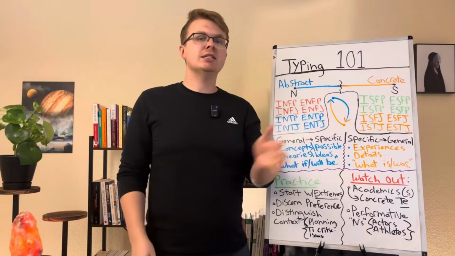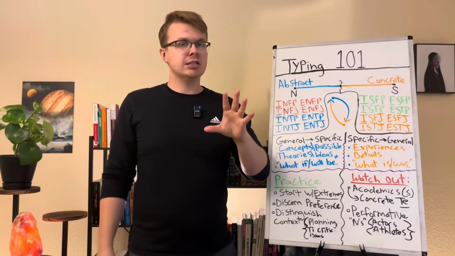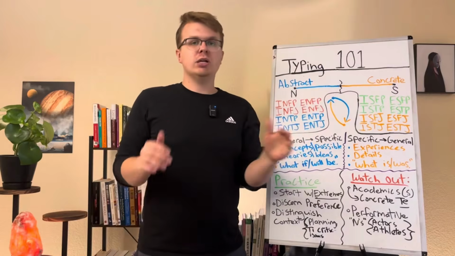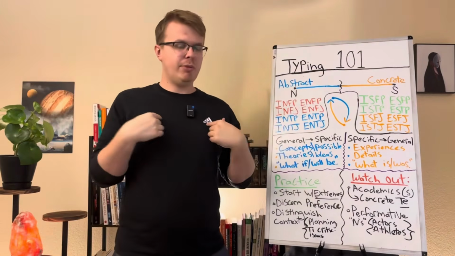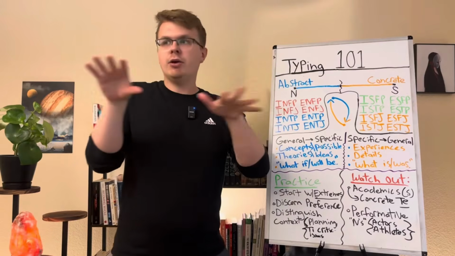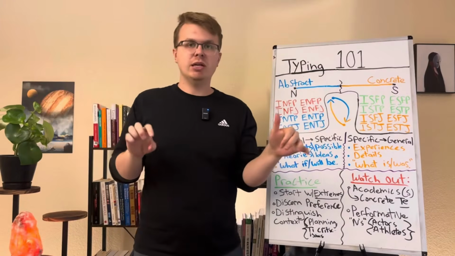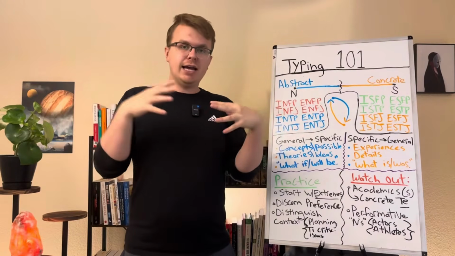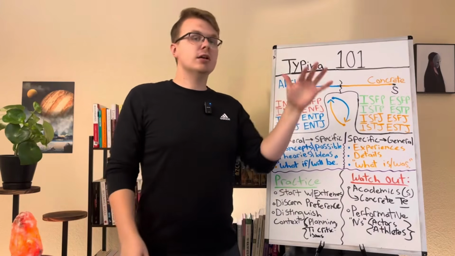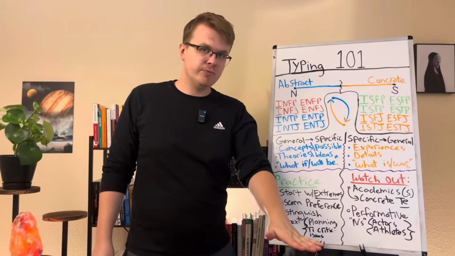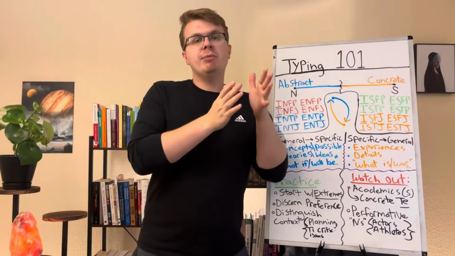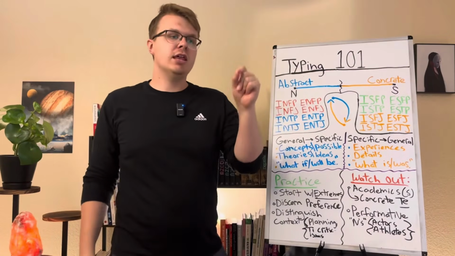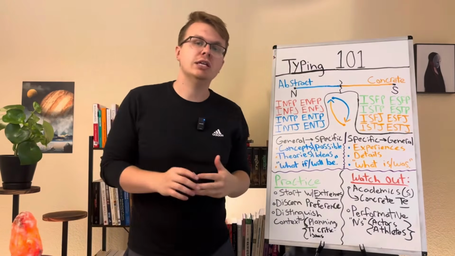For the SPs, it's similar, but it's a slight variation. They focus on the present around them. It's not as much about my past. It's more about, okay, what's around in my environment. And from all that data, with lower introverted intuition, they use their extroverted sensing to think about their path forward through the environment.